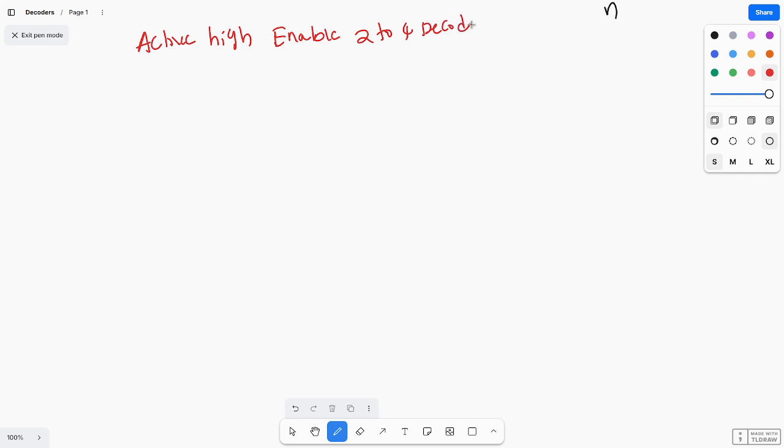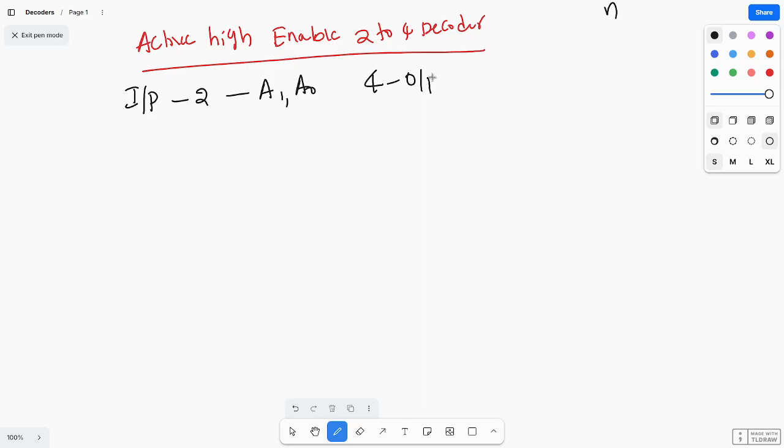What is this active high enable 2 to 4 decoder? It means you have two inputs, A1 and A0, and four outputs. Let us take Y3, Y2, Y1, and Y0. These are the four outputs.